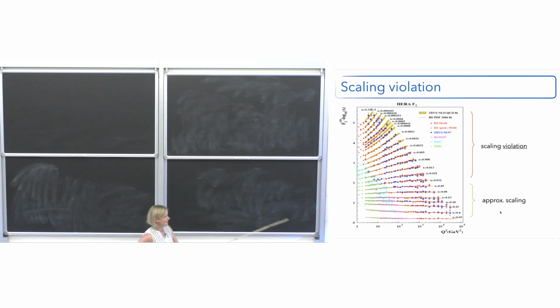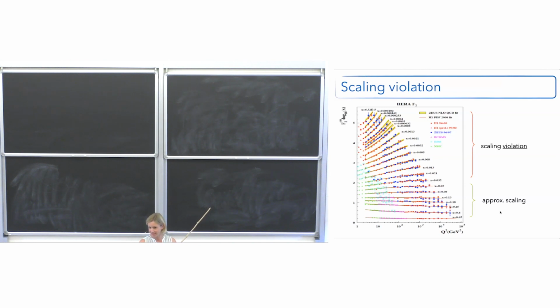You can see that the scaling that was observed at SLAC, so this is the F2 structure function, is still true if we are at large Bjorken x, okay? But as we go to small Bjorken x, you do see clearly a violation of the scaling, so that the structure function does depend on Q squared, okay?